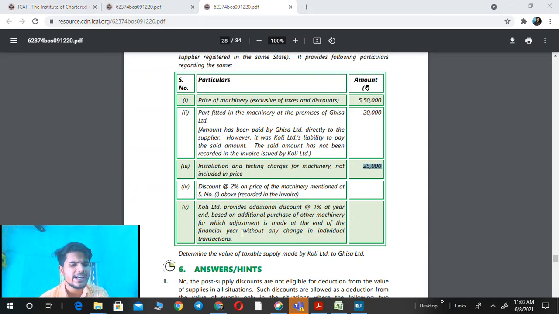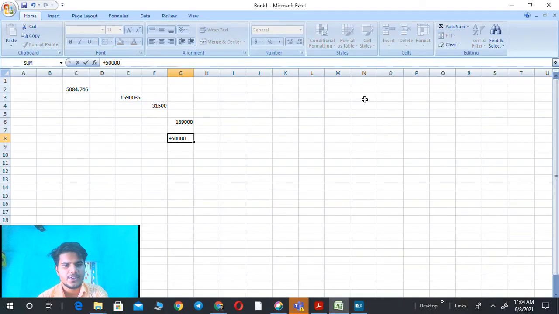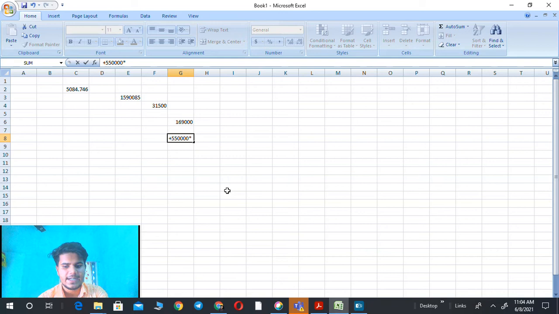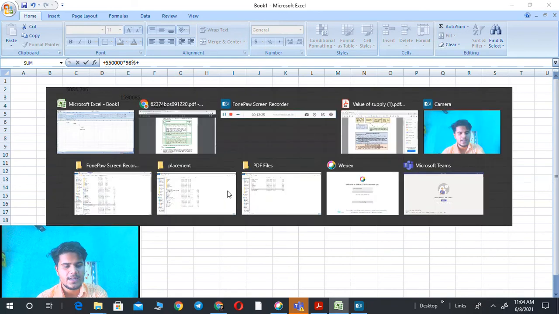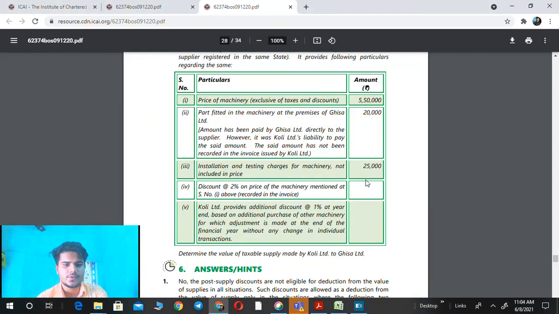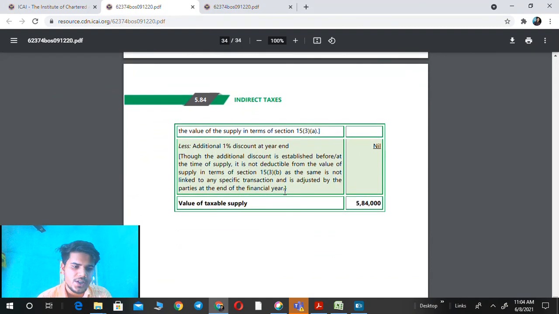So here the discount is not directly linked to the invoice because it is an overall discount, so we will not exclude it. So the transaction price should be 5,50,000 into 2% discount. The general discount is 2%, so means 98% of the price plus 20,000 and 25,000. So total 584,000. So the answer is 5. So we have completed the valuation chapter also. So thank you for watching this video.